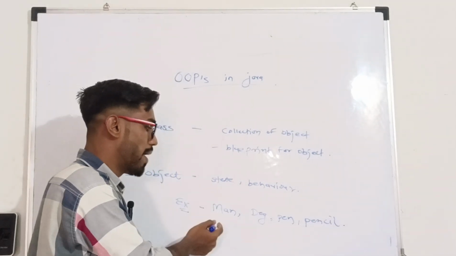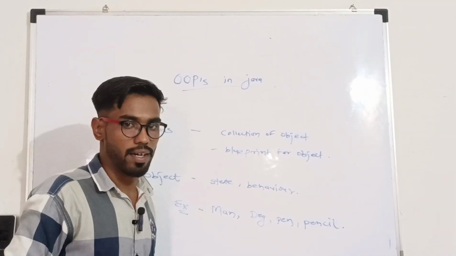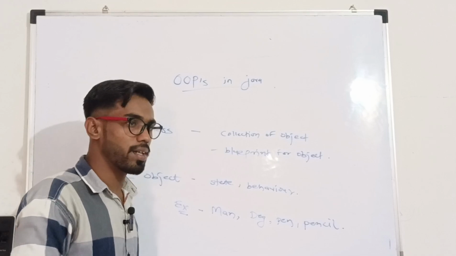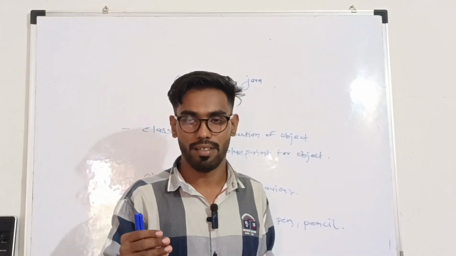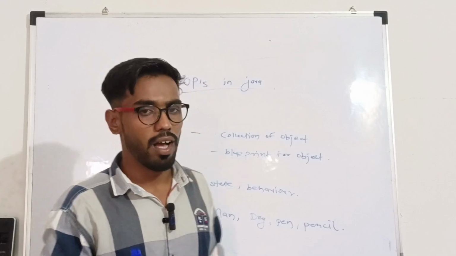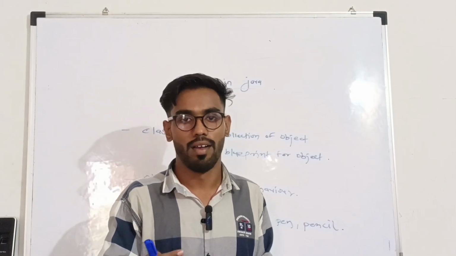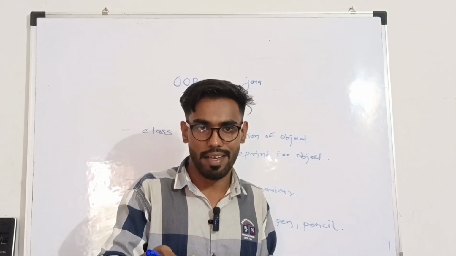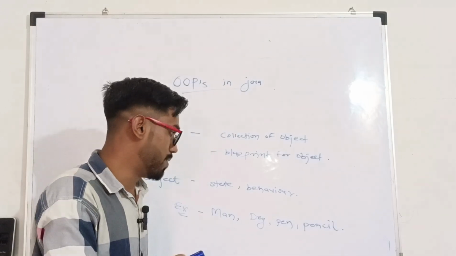For example, a man has some state and some behavior. The state is the man's height, colors, and name, and the behavior is how they talk and how they walk. So that is the object.